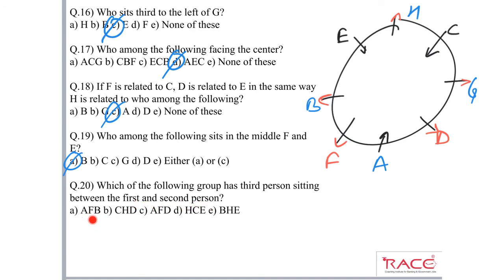In option A, B sitting between first and second, A and F. So B sitting between A and F, no. D sitting between C and H, no. D between A and F, no. E between B and H, E is the right answer. Why? Because this E, the third person, is sitting between the first and second person. E is sitting between B and H. So this is our final question.